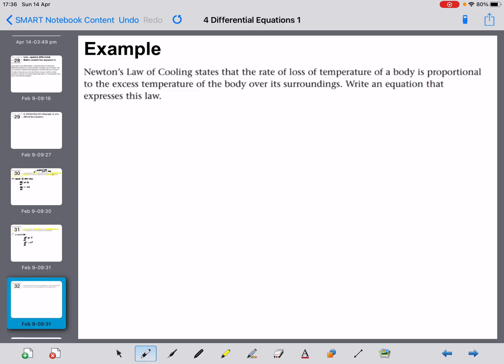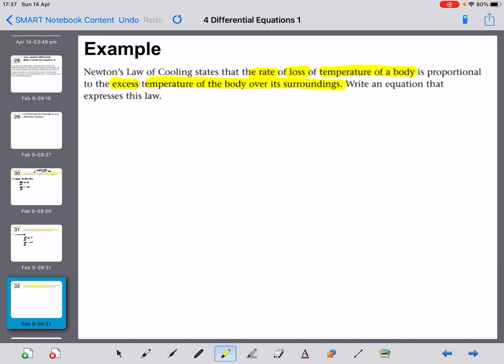Okay, slightly different one. Newton's law of cooling, so this is Isaac Newton's law of cooling, states that the rate of loss of temperature of a body is proportional to the excess temperature of the body over its surroundings.